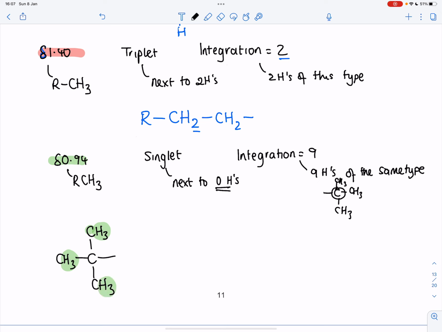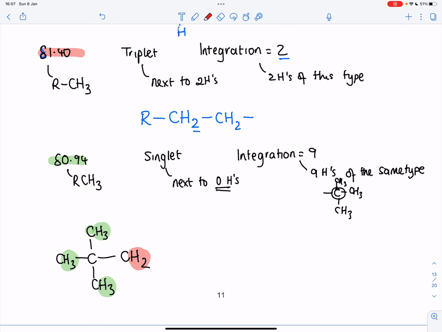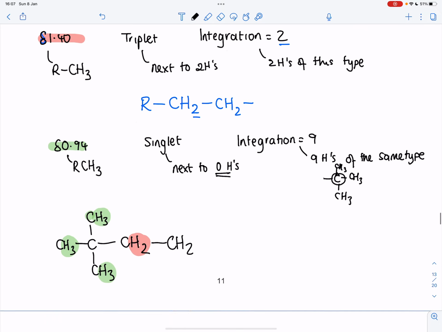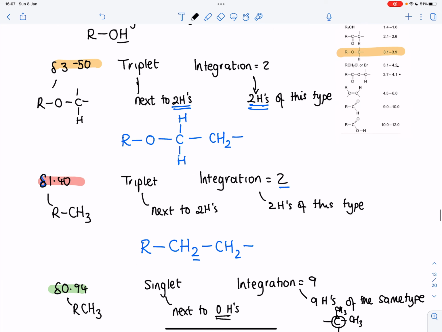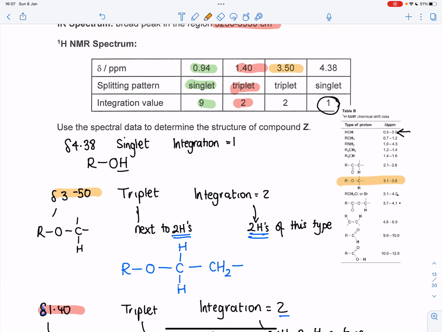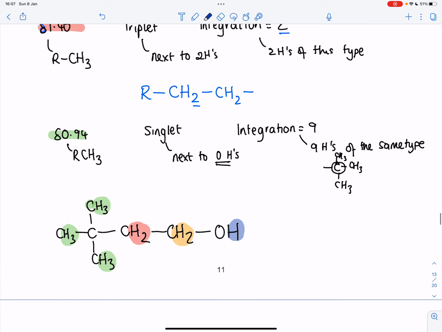They are then attached to the CH2 that is at 1.4, which is attached to the CH2 that is at 3.5, which is attached to the OH, which was this peak, which we didn't colour in, but if we give that a colour, say blue, that one there was this one, and that has ended up being this particular peak here. You can see that that structure satisfies all of our information.